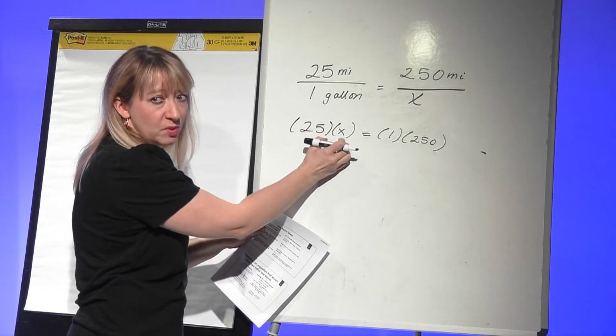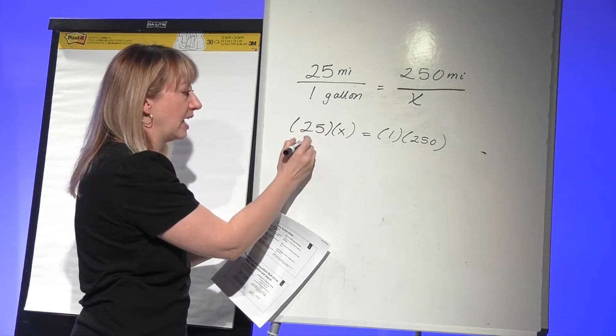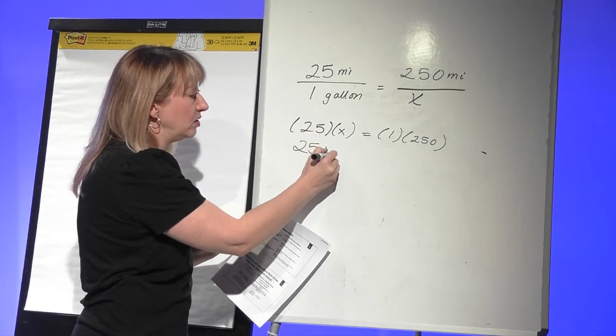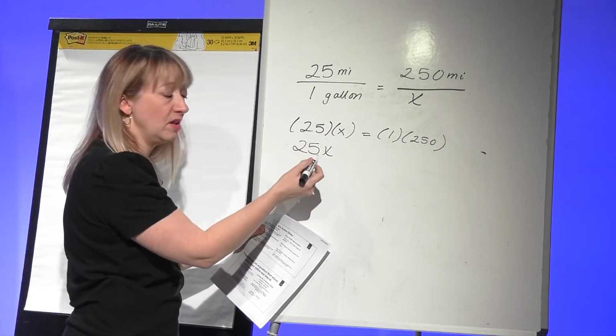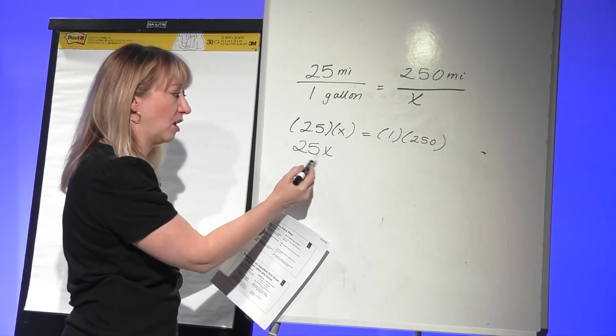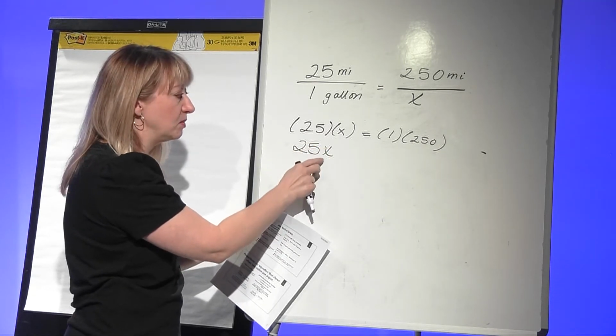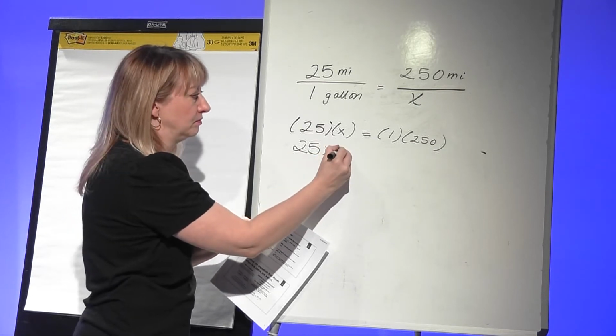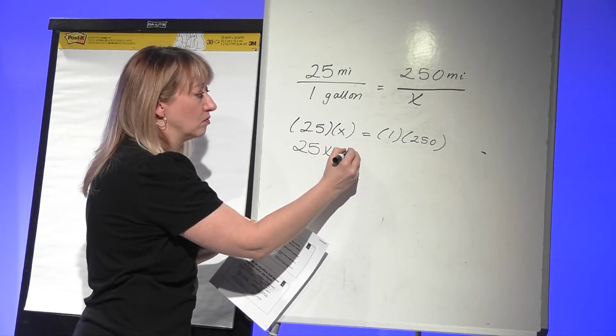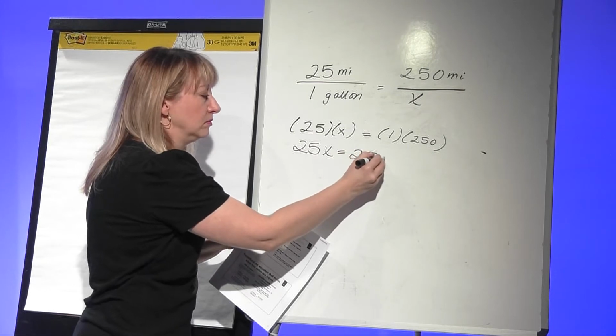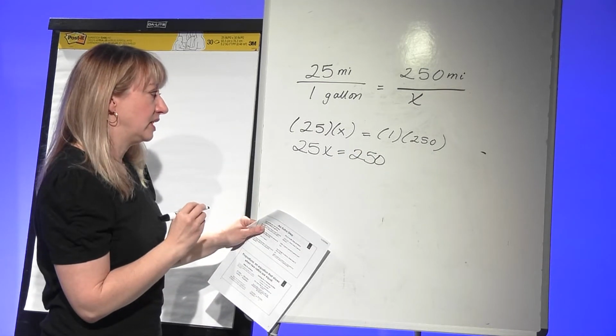These numbers just being in parentheses means you're simply going to multiply. When you have a variable and you're multiplying with that variable, you're just putting it right next to the number. So when you see this, it just means these 2 numbers are being multiplied. And now 1 times 250 is 250.